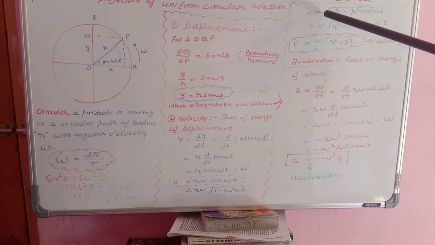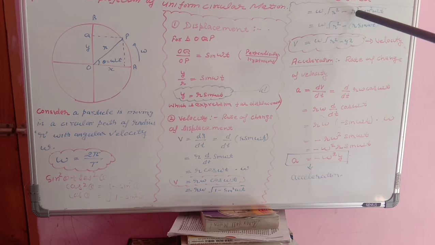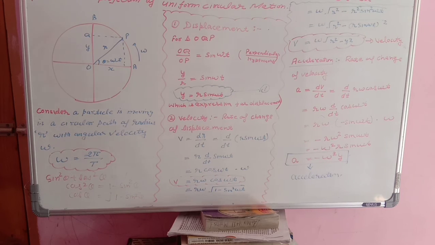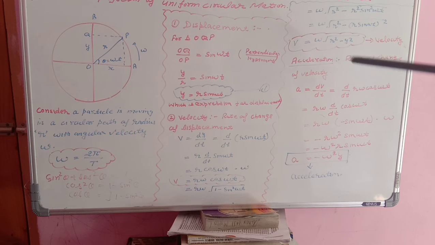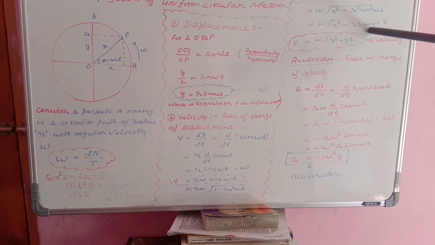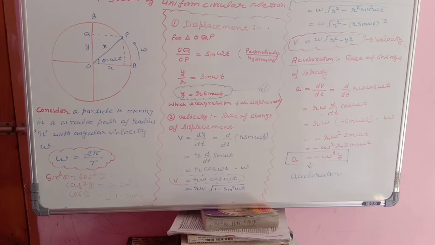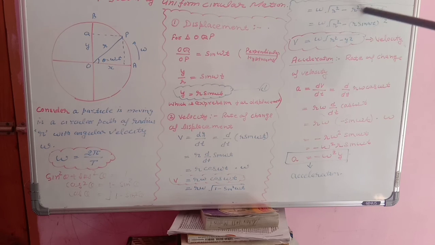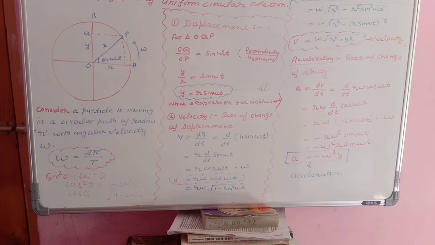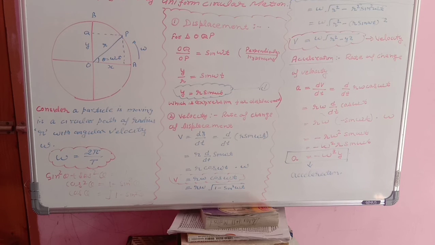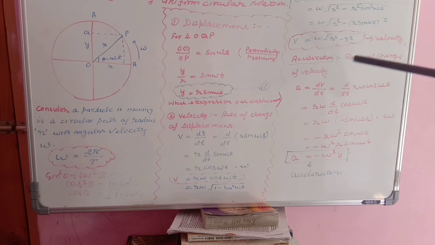So whenever r is going inside, r square minus r square sin square omega t, r square will multiply with both terms. Now r square minus r sin omega t whole square. Dear students, what is this r sin omega t? Just see from equation 1, r sin omega t is y. So it is y.